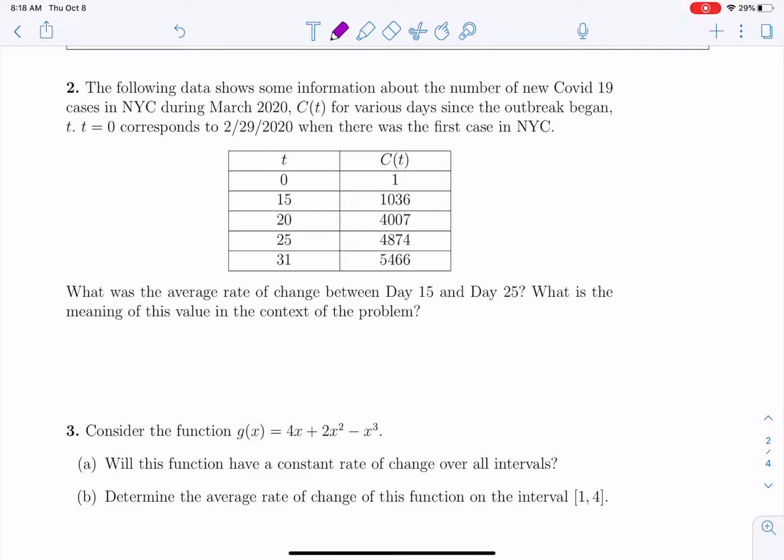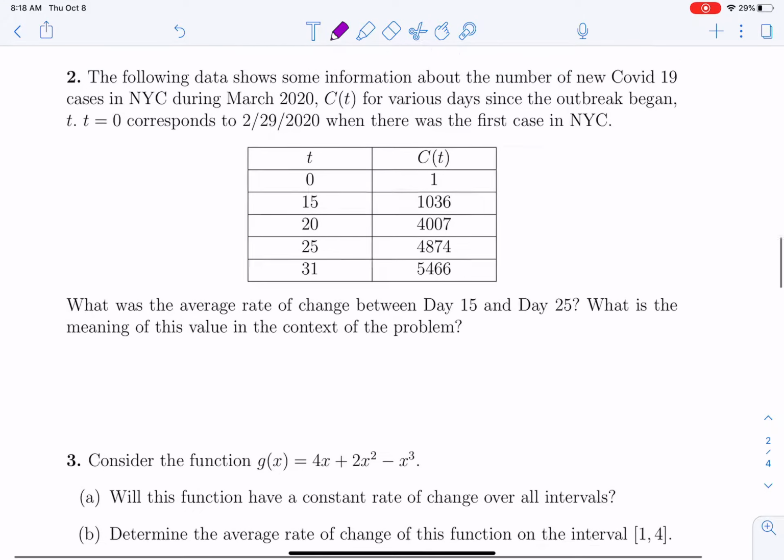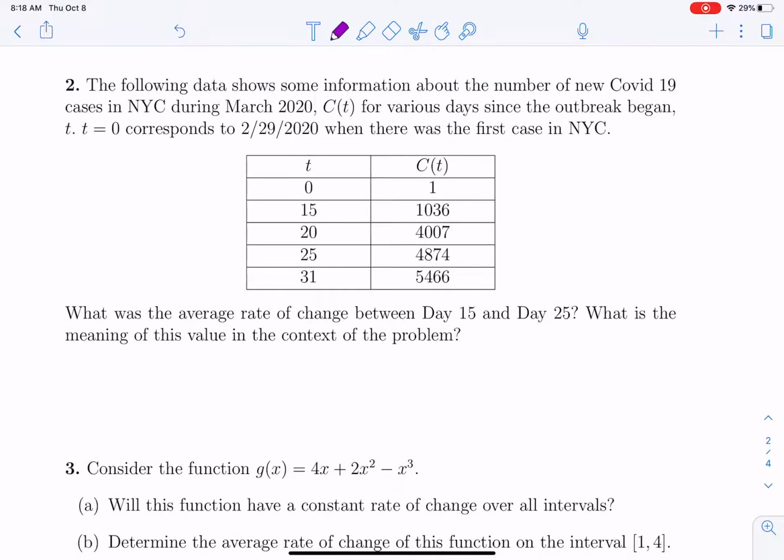One thing I notice in this table is that we're not going up by the same amount each time. Between day 0 and 15, we go up 1,036, so an increase of 1,000. Between 15 and 20, we go up another 3,000.